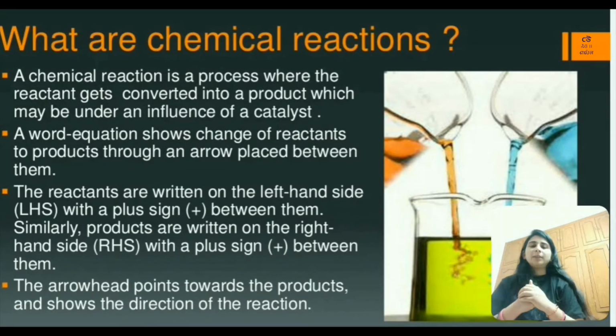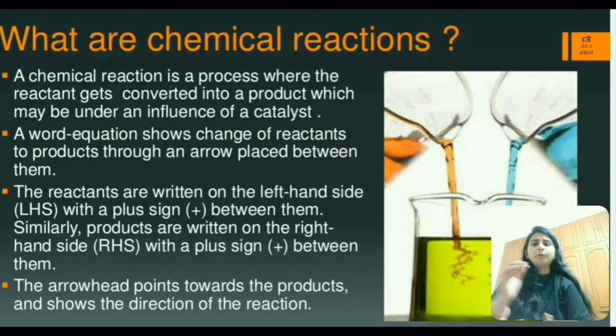Symbol equation means, see, it's obvious that if there are a lot of reactants, writing their names would take more time, but using their symbols will take very little time. It's going to be time saving for us.